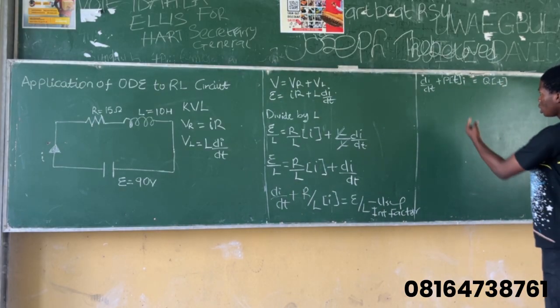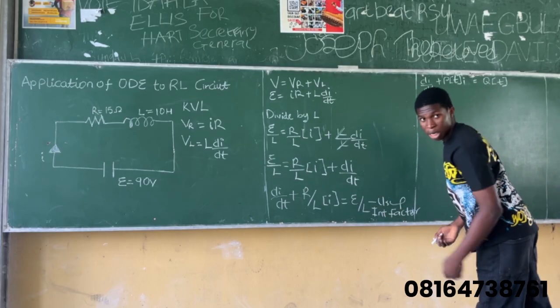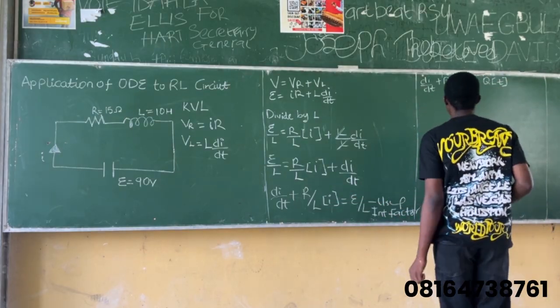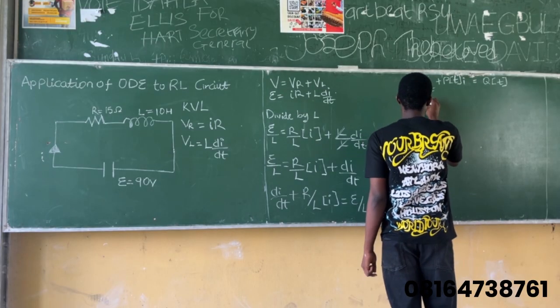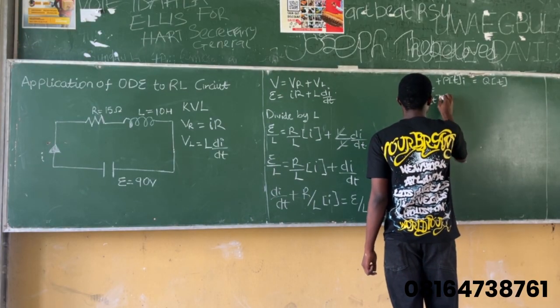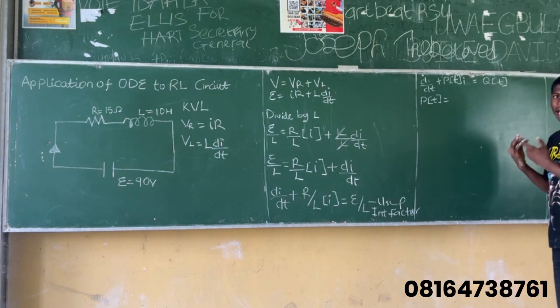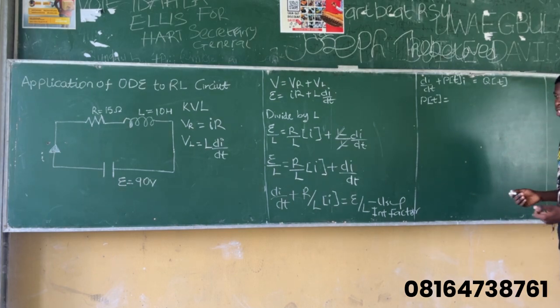So now, looking at this equation, they are both similar. This is P of t, this is Q of t. So now, P of t, let's write it out. P of t, Q of t, and the integrating factor are the focal points for the integrating factor method.